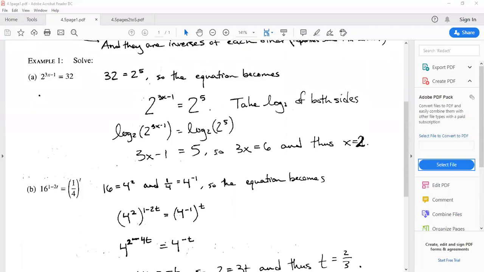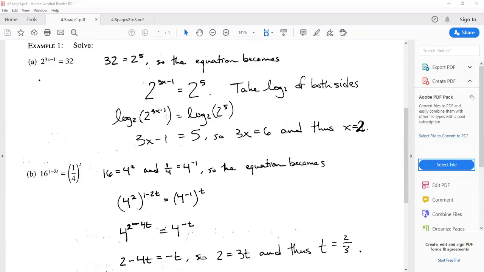All right, in the next one, we're going to have a common base of 4. We have here 16 to the 1 minus 2t equals 1/4 to the t. Now notice that 16 is 4 squared, and 1/4 is 4 to the minus 1. So we can write this equation as 4 squared to the 1 minus 2t equals 4 to the minus 1 to the t.